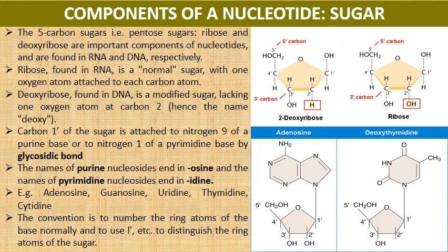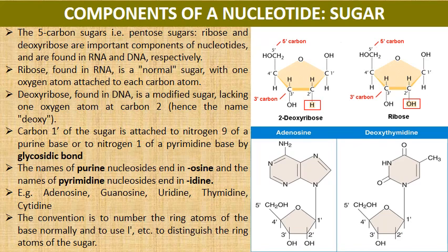pentose sugar. If a sugar, either ribose or 2-deoxyribose, is added to a nitrogen base, the resulting compound is called a nucleoside. Carbon 1' of the sugar is attached to nitrogen 9 of a purine base or to nitrogen 1 of a pyrimidine base by glycosidic bond.